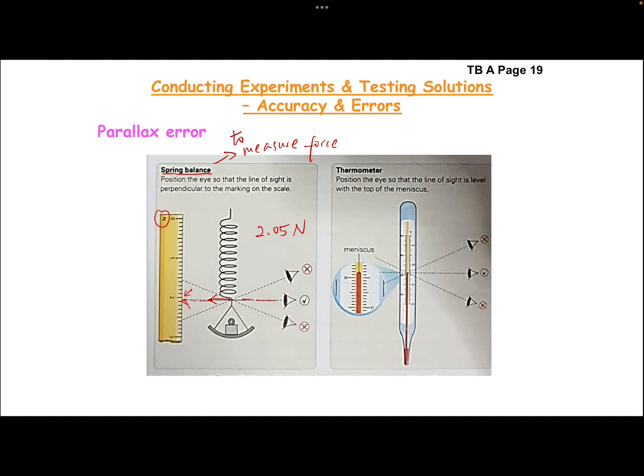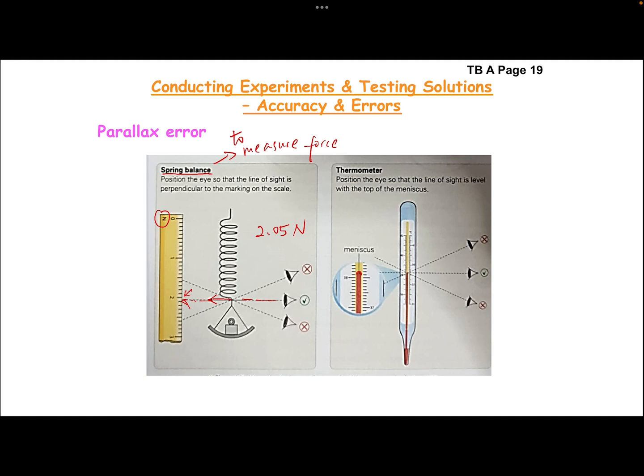Then the next one is a thermometer. This is the old-fashioned thermometer, not the one you measure in the morning. Okay. We position the eye so that the line of sight is level with the top of the meniscus. For the thermometer, the liquid surface is actually curving upwards. Okay.